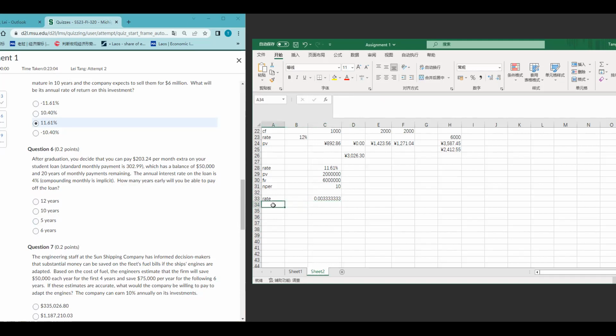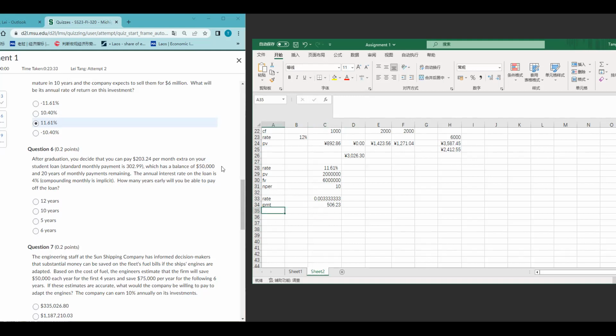And what else do we know? We know the PMT. So this is the standard payment plus the extra. This is our PMT.